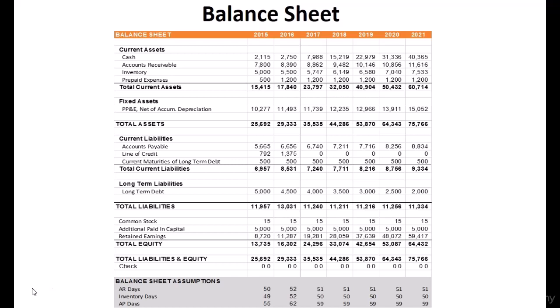Assets are listed on the balance sheet in order of liquidity, meaning what can be turned into money the quickest. Liabilities are listed in the order in which they will be paid off. Short-term or current liabilities are expected to be paid within a year, while long-term and non-current liabilities are debts expected to be paid off after 1 year.